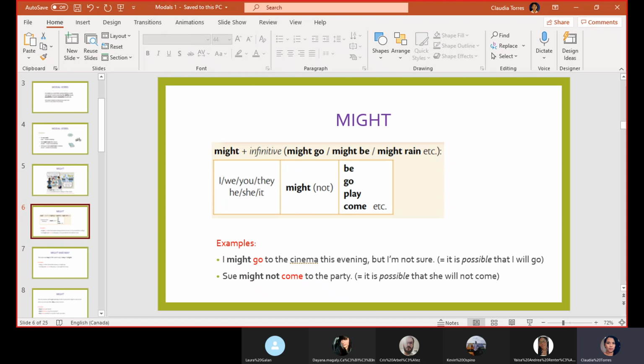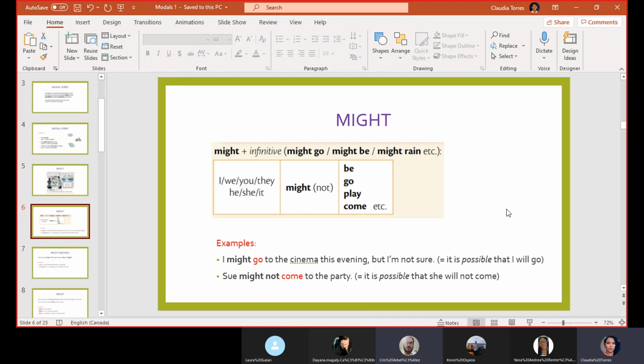Okay. So Chris, I was just asking if you had any questions about these modal verbs, about might. No, not really. I think I get it.